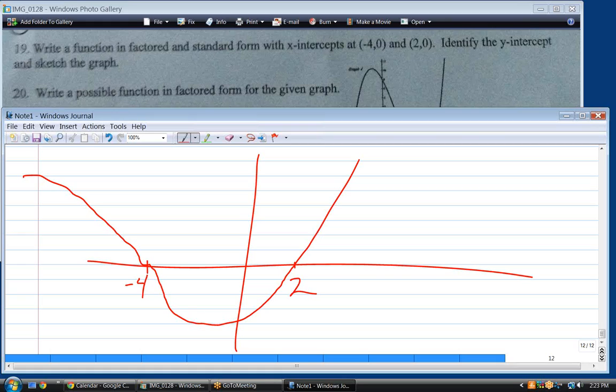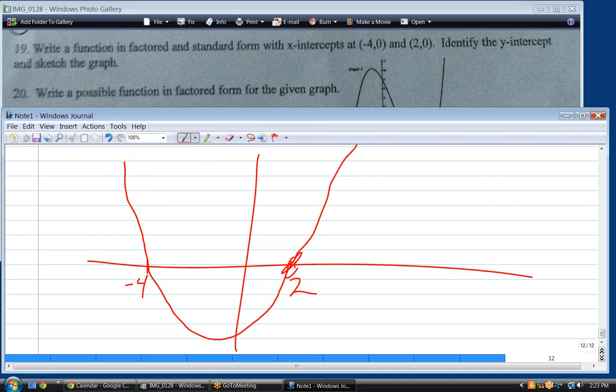In other words, if the only thing I know is the x-intercepts, and there are 2 of them, then we're talking about a quadratic, and it's probably a parabola. Let me redraw that. It's a parabola that's going to go like this. Okay?